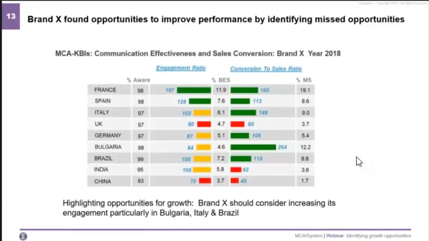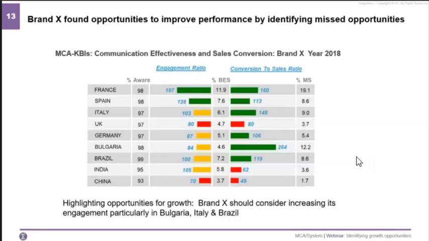Now, if you are a multi-market or multi-brand operator, this is a tool that you can use to compare across markets or across brands within a portfolio and do exactly the same sort of analysis as we have been looking at for consumer segments. You can roll that up and then look across markets and see where are the big opportunities. In this case, this is in fact in an automotive category.